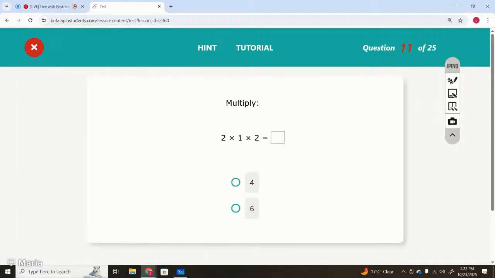It is option number 2 is the correct option. 2 times 1 times 2. 4 it is, option number 1 is the correct option.